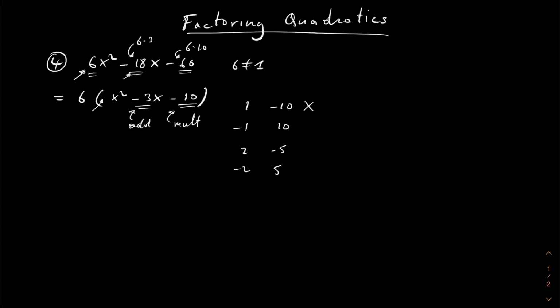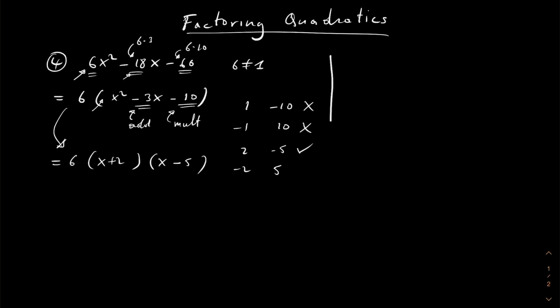Negative 1 and 10 doesn't work as well, doesn't add up to negative 3. 2 and negative 5 do work because that adds up to negative 3. And so I know this is my pair. And so this particular polynomial up here, quadratic, is going to be factored as 6 parenthesis x plus 2 parenthesis x minus 5. And then that's done.